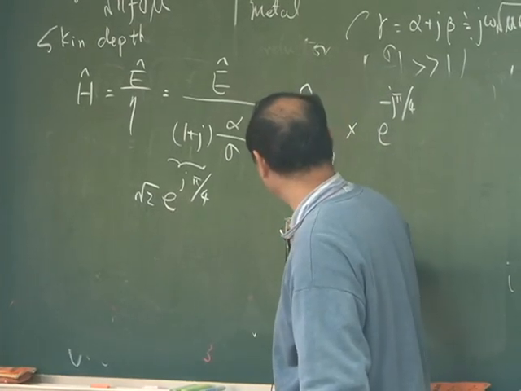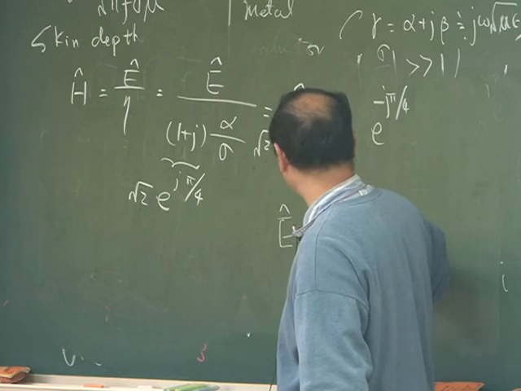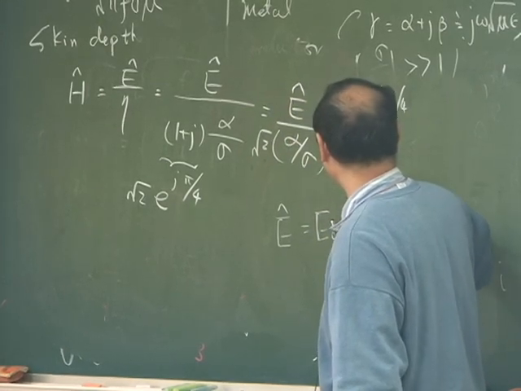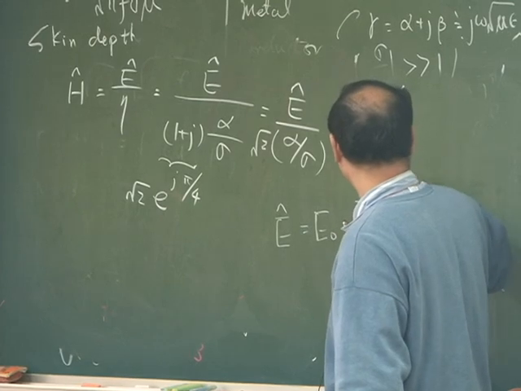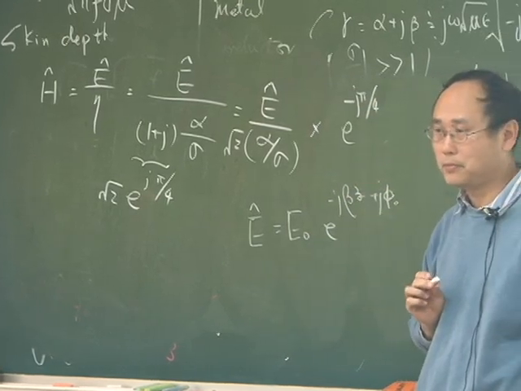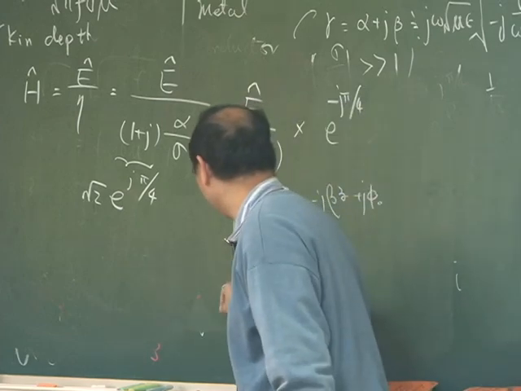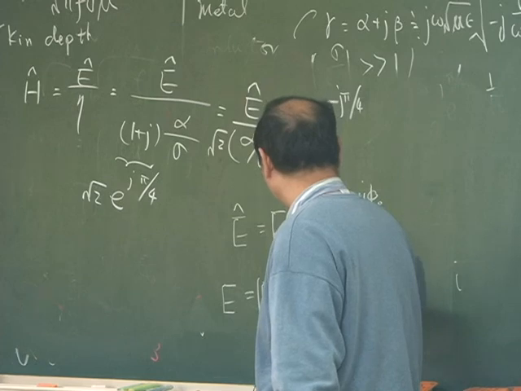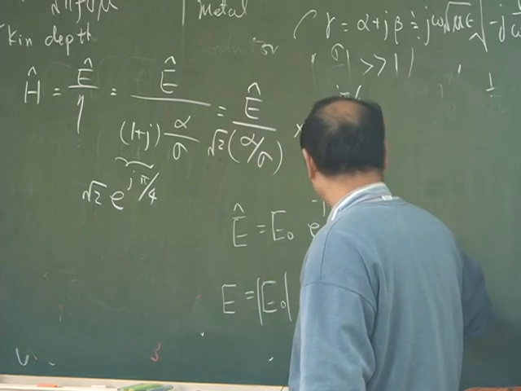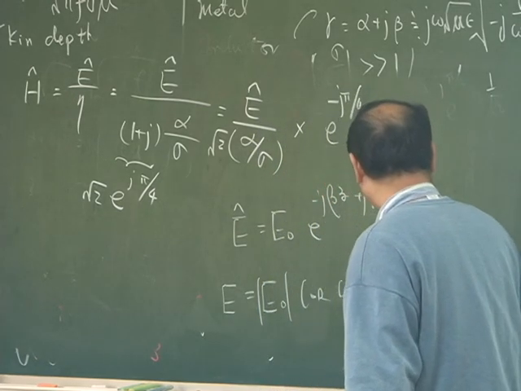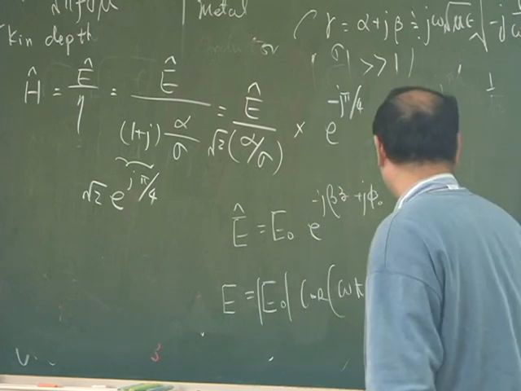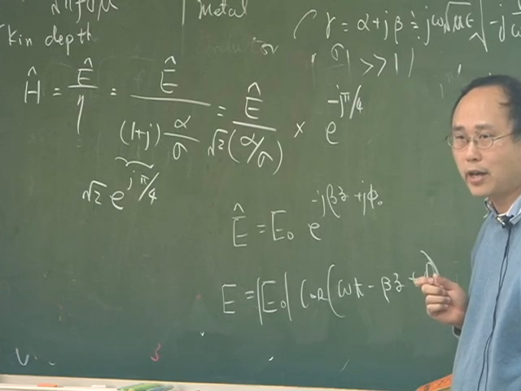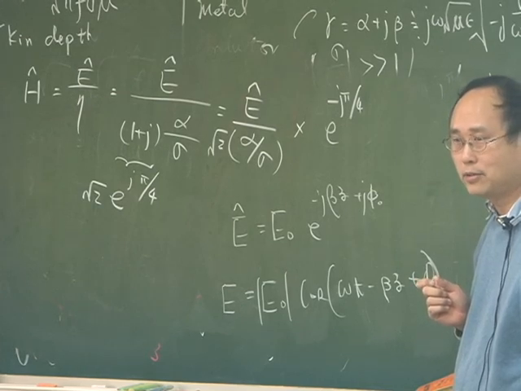So if I write this E phasor to be E naught exponential, say minus j beta z plus some phase, and if I convert this into E naught cosine omega t minus beta z plus phi naught. Okay, if I write the electric field like this, how do I write the magnetic field?